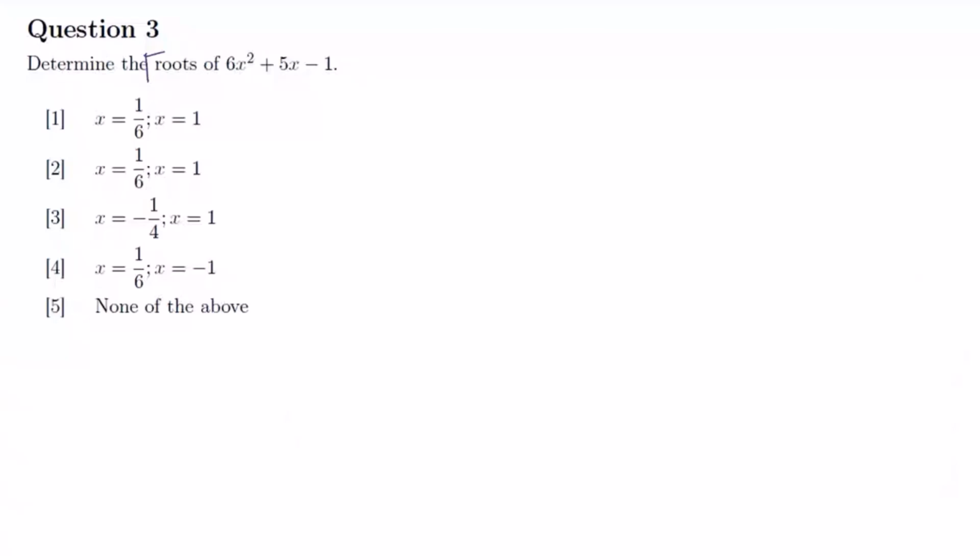Here you are finding the x values. You would have 6x squared plus 5x minus 1. This is straightforward. You don't even need to do the AC method.